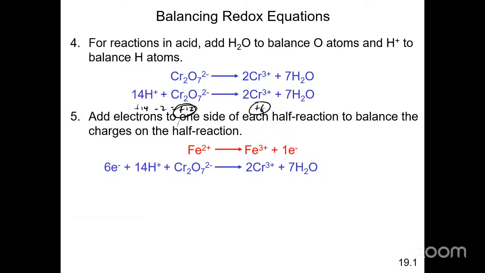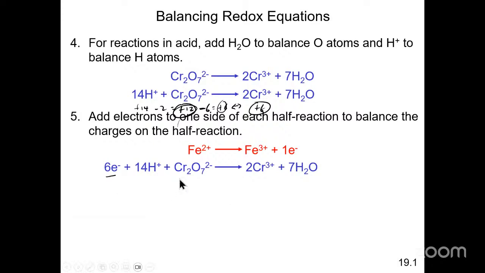To reduce this to be equal to this, you're going to add 6 electrons. By adding 6 electrons, you're adding 6 negative charges to this side, and that reduces the total charge on that side to +6, which is equal to the +6 on the right side. So that's why 6 electrons are added to the left side of the second half equation.